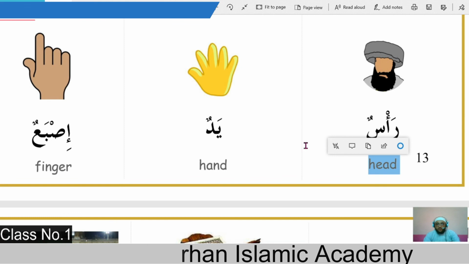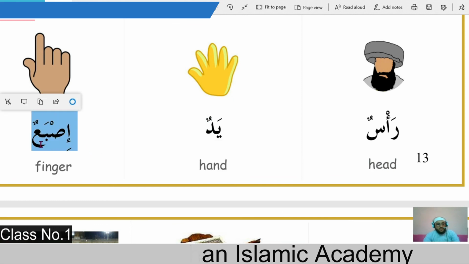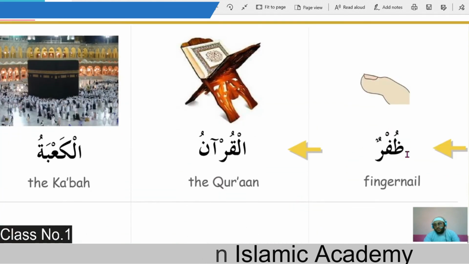All right, so رأس used for head. يد used for hand. إصبع. إصبع used for finger. ظفر. ظفر used for fingernail. القرآن. القرآن used for the Quran. الكعبة. الكعبة used for the Kaaba.